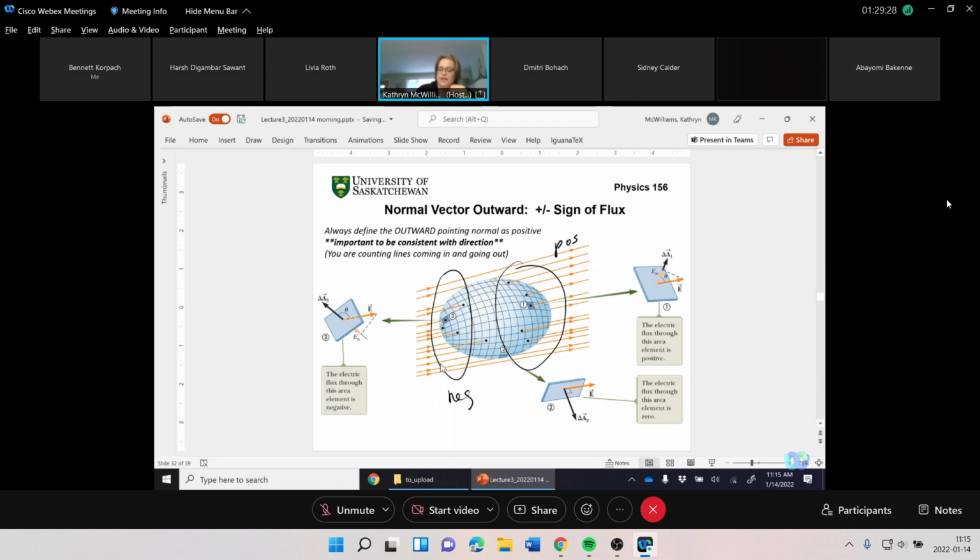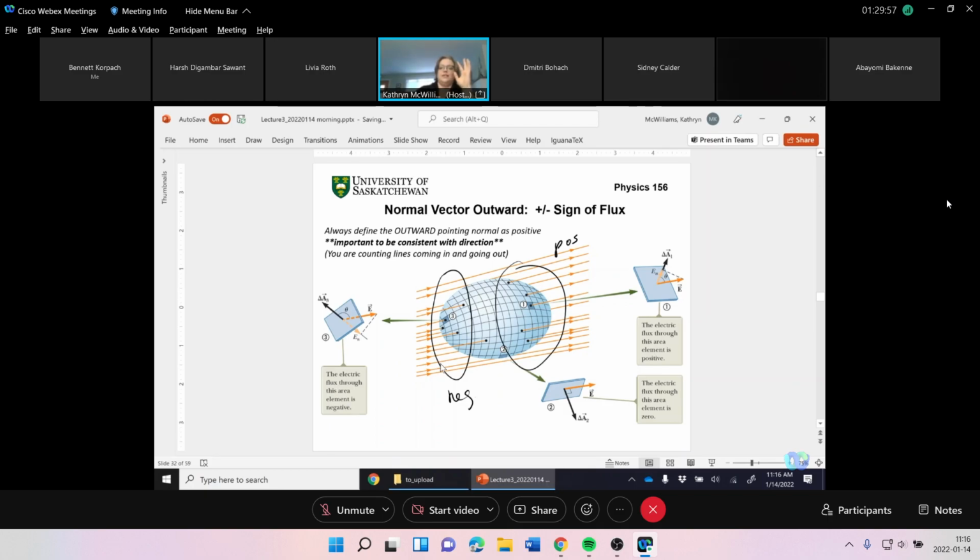So we're wanting to count the field lines going in and out, and the number of field lines is proportional to the charge. So if we have charge inside here, we don't care about the field lines coming from charges outside. We've got to get a tool ready to be able to count the field lines in a consistent direction to try and understand what charges are inside that shape producing the field lines.